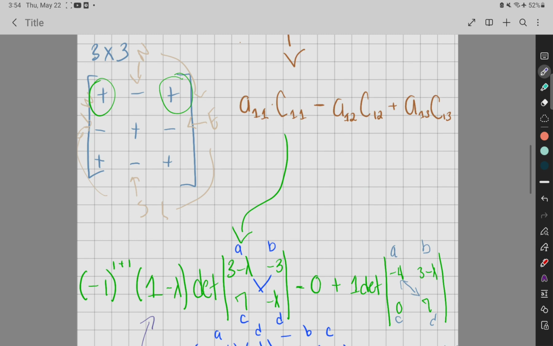Because see over here how this is A11 times C11, and then minus A12 times C12, but this just goes to 0, so we didn't have to do anything for that. And then plus A13 times C13.